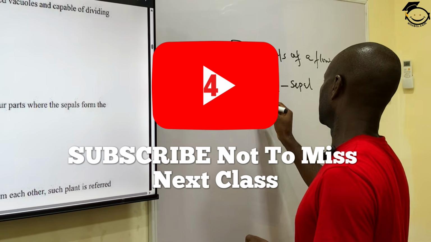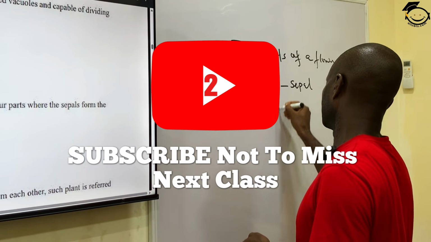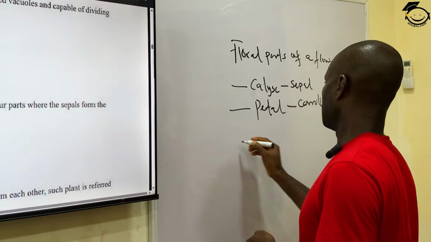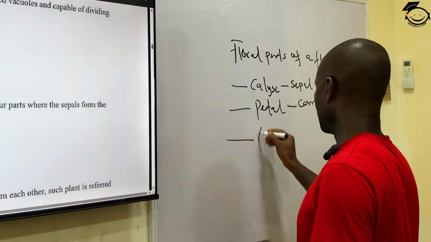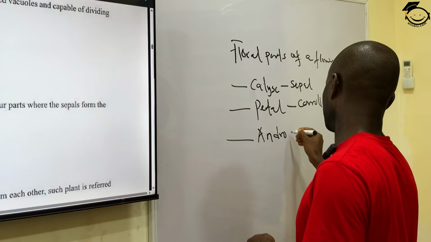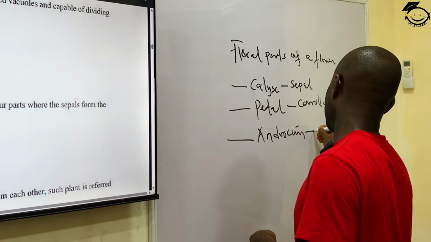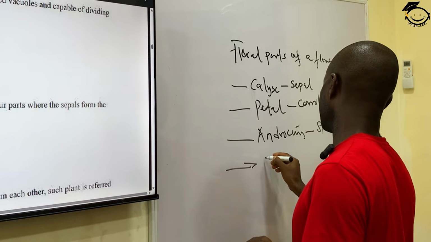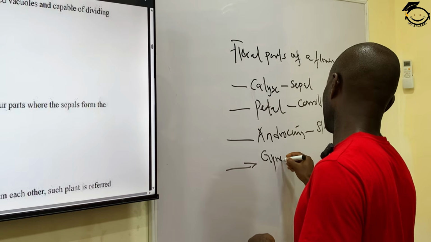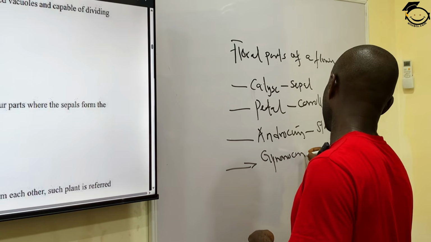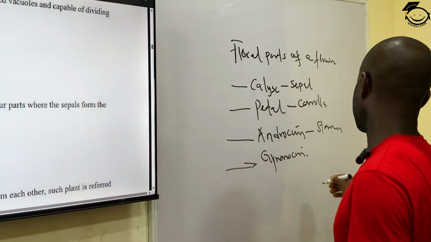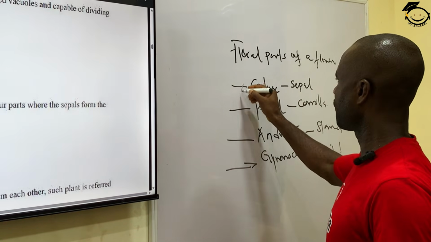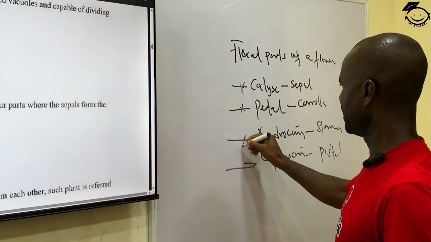We have the corolla, which is the same thing as petal. We have the androecium, which is known as the stamen. Then we have the gynoecium, which is known as the pistil. So these are the 4 floral parts of a flower.